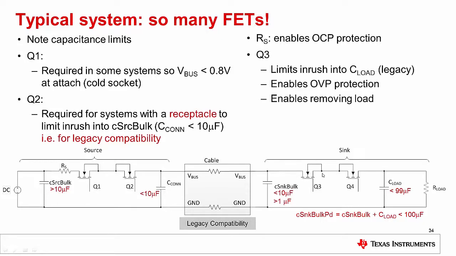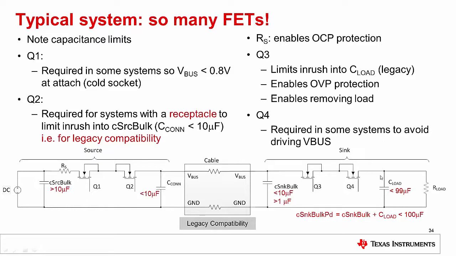If you're moving over to the sink side, Q3, again, is to limit the inrush current into the big bulk capacitance, but it also enables overvoltage protection and removing the load from the VBus pin if required. And finally, Q4 is needed in subsystems to avoid driving VBus.